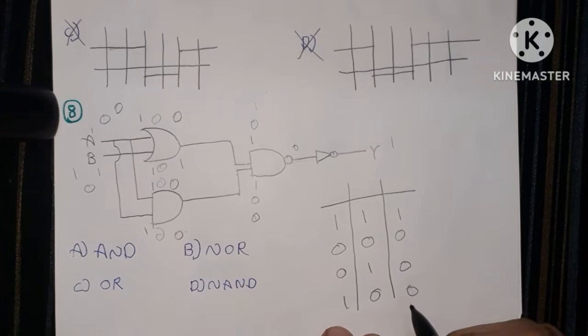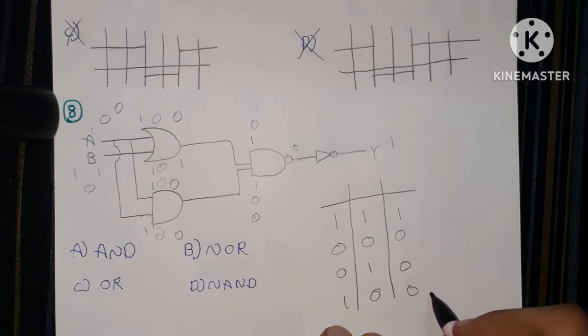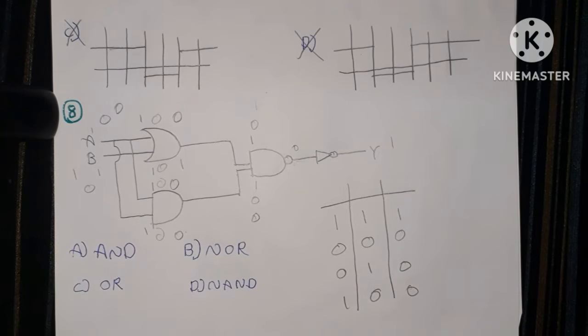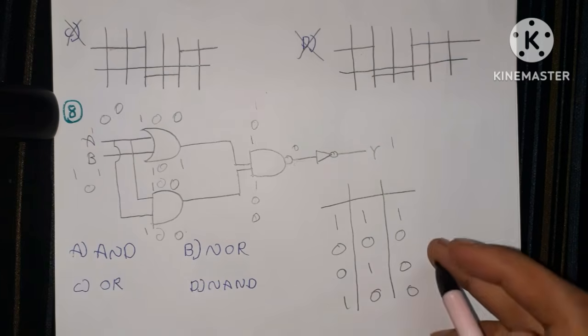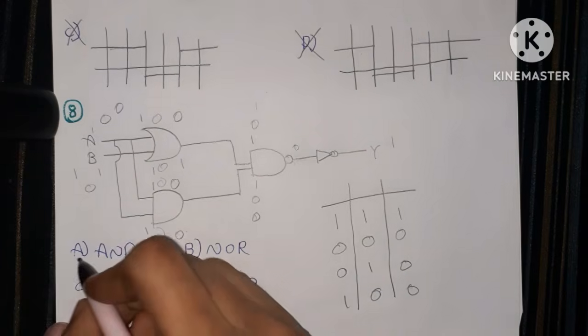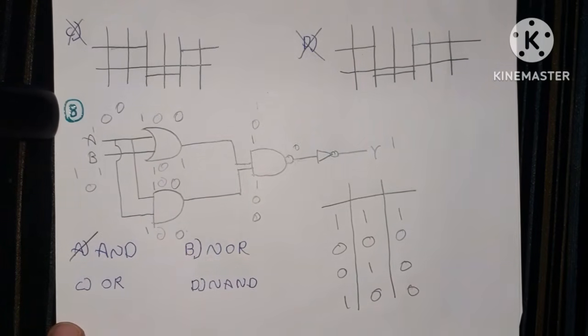Now which gate is this? Can you imagine which kind of truth table, which truth table will show a specific gate? Which logic gate is having the same truth table? 0 0 0 and 1. There is only one gate which can show just this truth table, that is the AND gate.